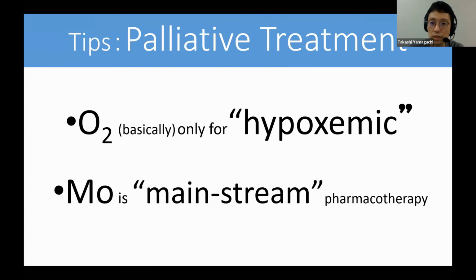And morphine is the mainstream of pharmacological therapy for cancer dyspnea management. And we have to conduct more research on pharmacological therapy for cancer dyspnea, such as opioids other than morphine, benzodiazepine, or steroid also, to improve cancer dyspnea management.